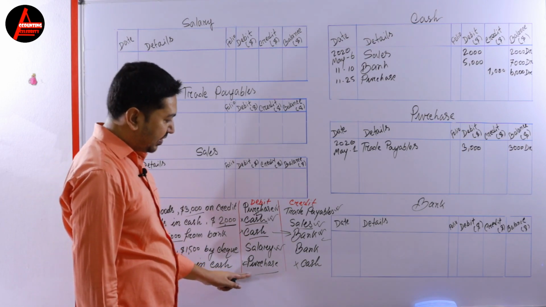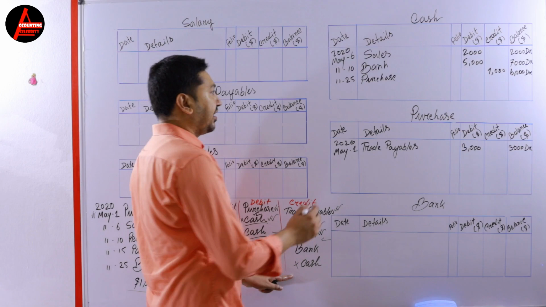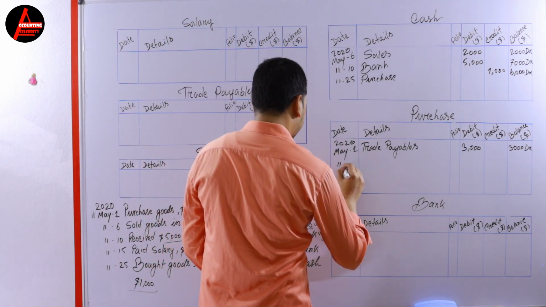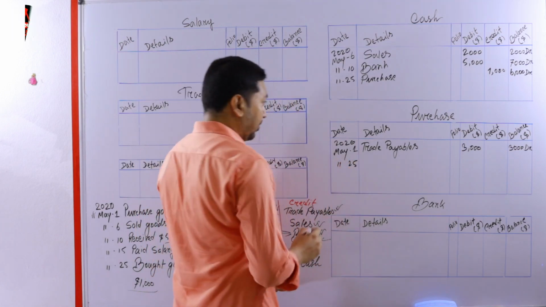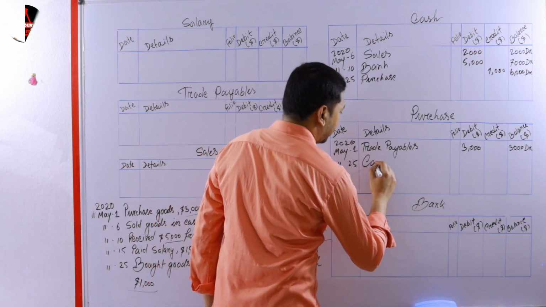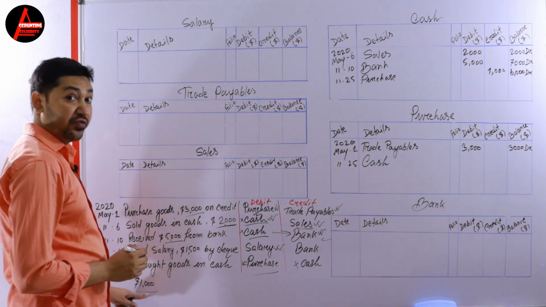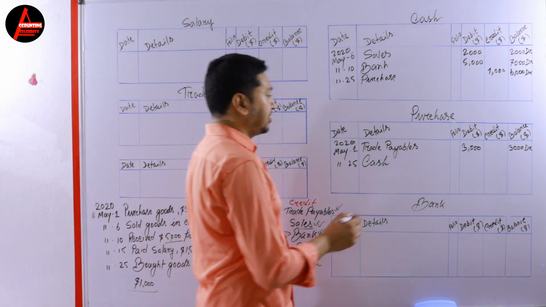Here purchase is debited and cash is credited. So write again date May 25th. You cannot write purchase, you have to write cash, the opposite account. So how much is your value? Your value is here $1,000.